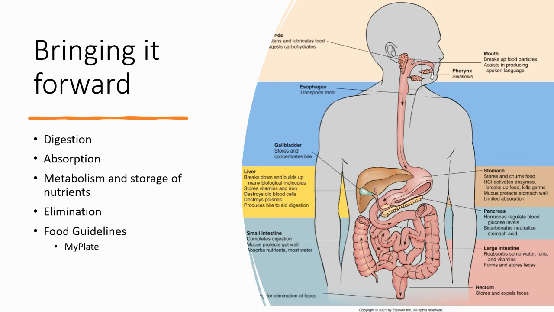Now, in this country, we have food guidelines, which help with the nutritional aspect in terms of teaching. And that's brought out as MyPlate. So we know we need a set amount of protein, carbohydrate, and fats in the diet to make sure that we're having good regulation of our body processes and staying healthy. You would be surprised at how many disease processes are actually caused by poor nutrition.